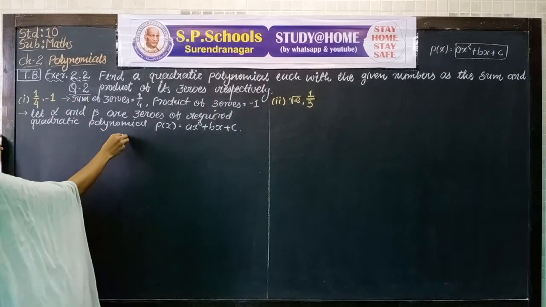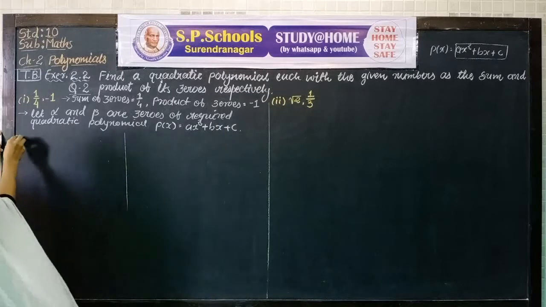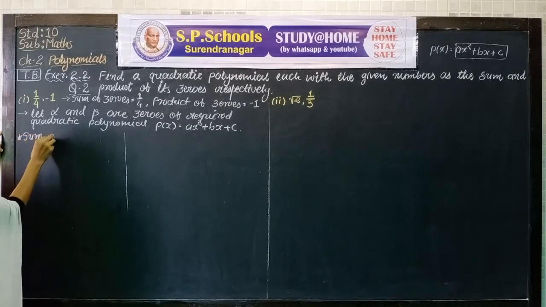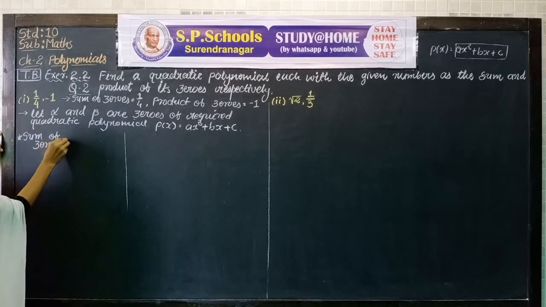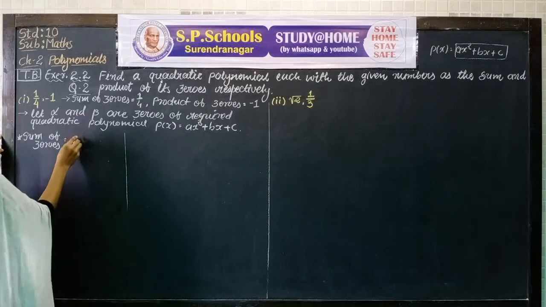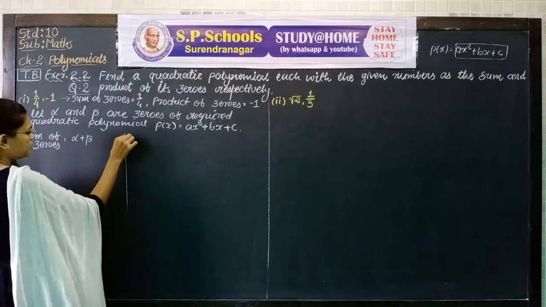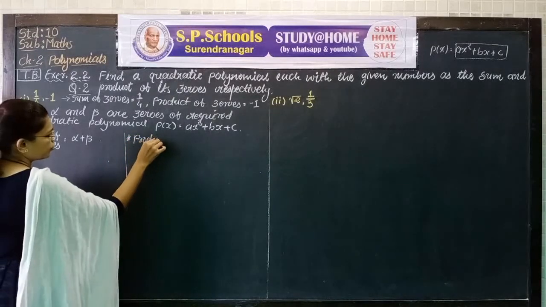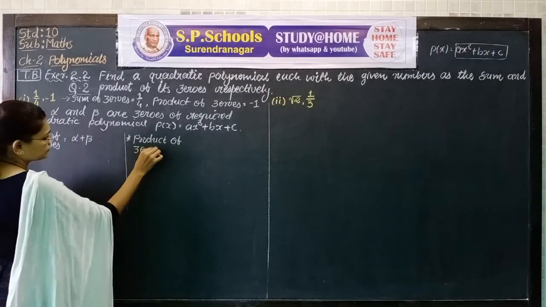Make two parts on the page. On the left hand side we take the sum of zeros. The zeros are alpha and beta, then the sum is alpha plus beta. On the right hand side take the product of zeros.